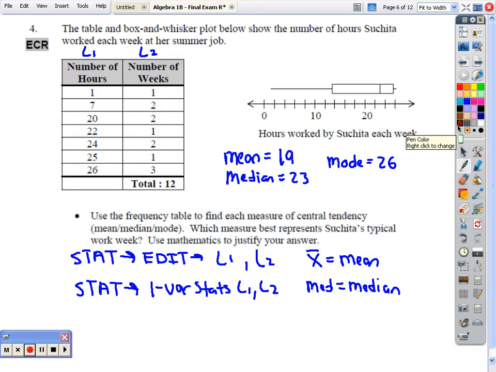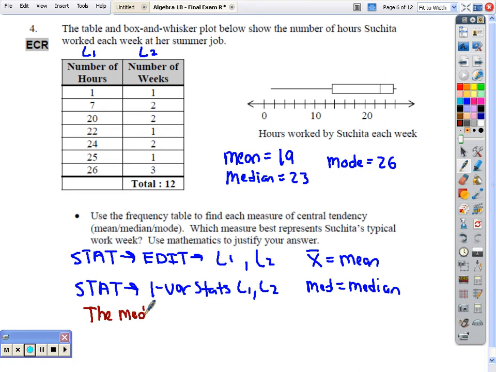Okay, in the case of this data, there is an outlier. There's actually probably 2 outliers, but the first outlier, where for 1 week she only worked 1 hour, is an outlier. So we're going to pick the median.